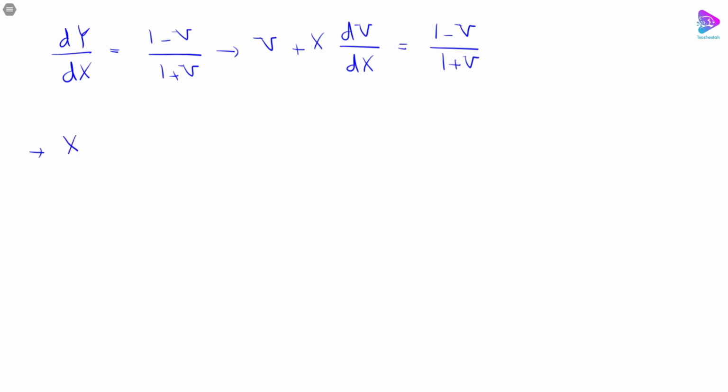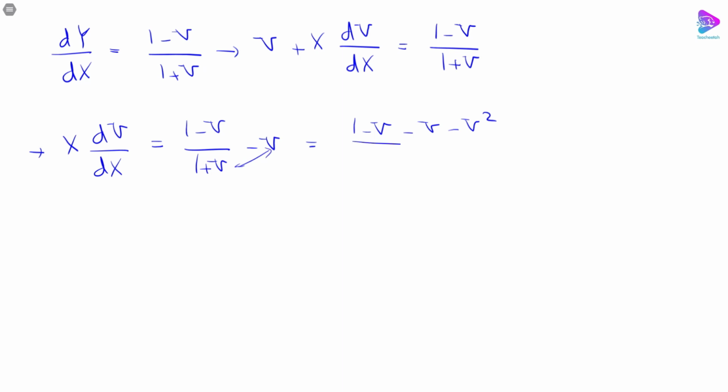Therefore x dv over dx is equal to (1 minus v) over (1 plus v) minus v, which is (1 minus v minus v minus v squared) over (1 plus v), which is (1 minus 2v minus v squared) over (1 plus v).